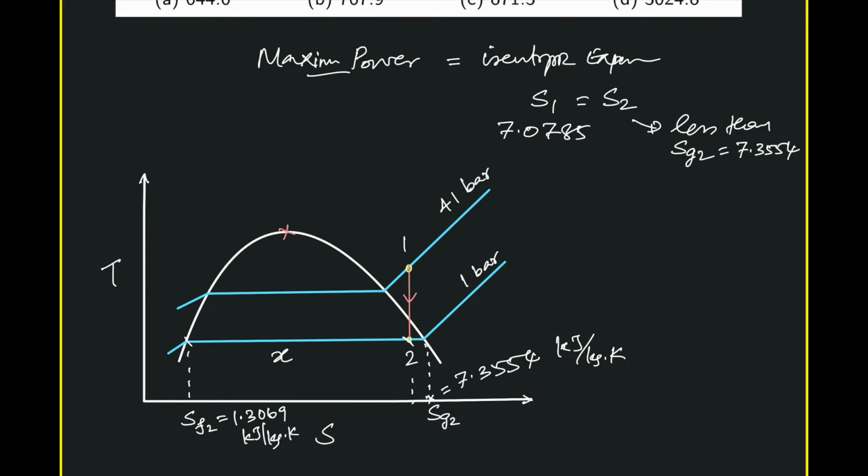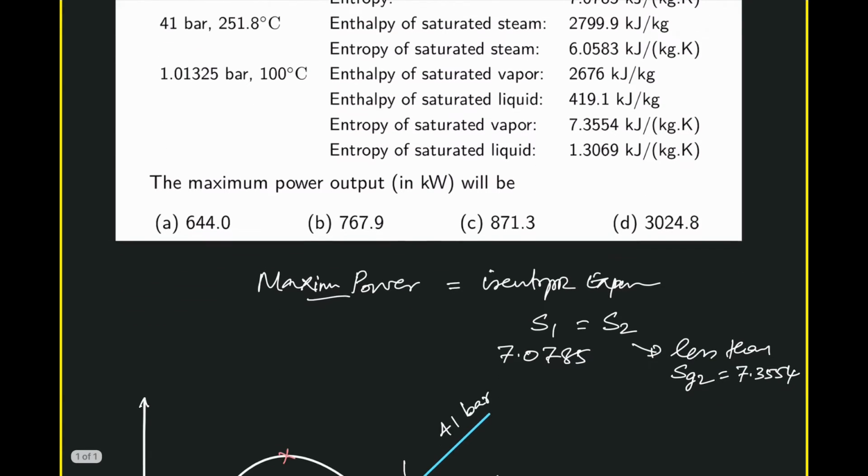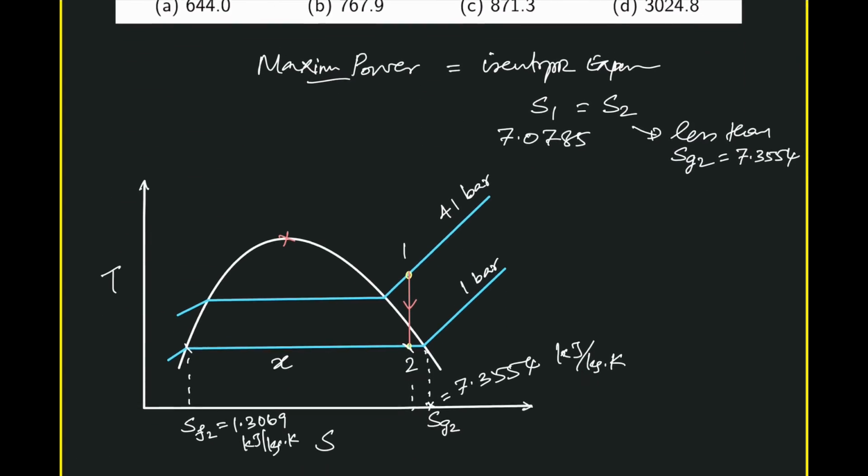The fraction of vapor is given by the value of X. How do we ensure this again? The entropy at condition 1 is 7.0785 kilojoule per kg Kelvin, and the entropy of the saturated vapor corresponding to the exit pressure condition is 7.3554 kilojoule per kg Kelvin.